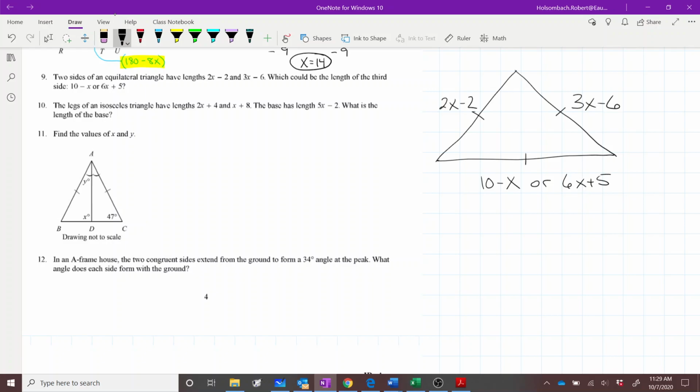Well, if the two sides are 2x minus 2 and 3x minus 6, we can make those equal to each other. We solve for x.